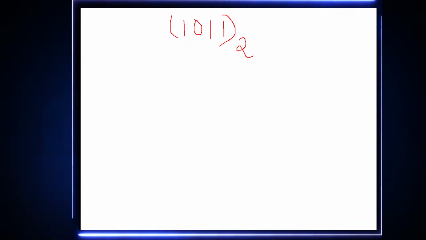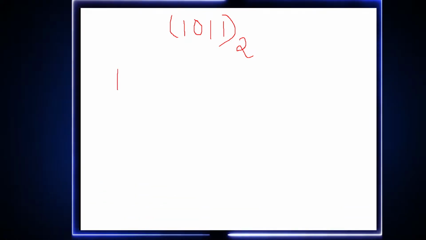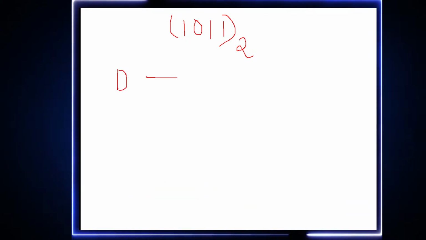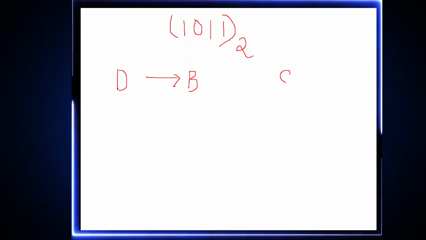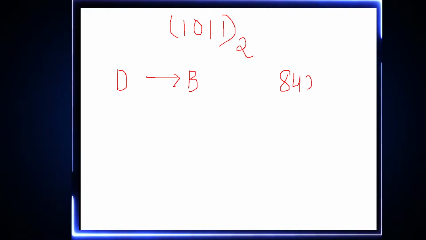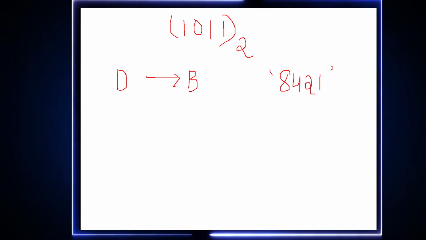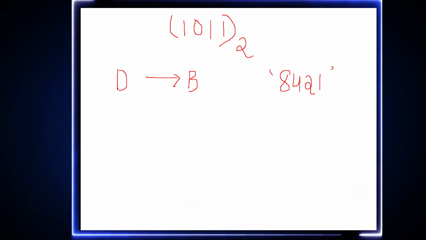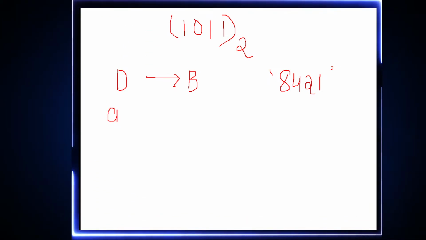So say for example, I want to convert a decimal number into a binary number. How will I do it? I will use the 8421 code for a number. So for example, if I take an example of the number 9, right?